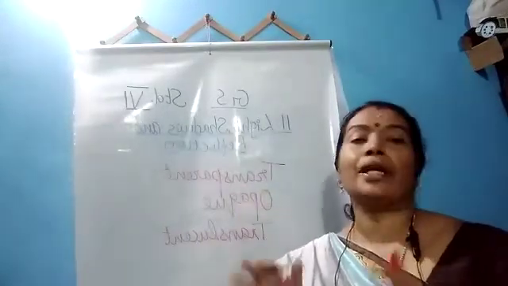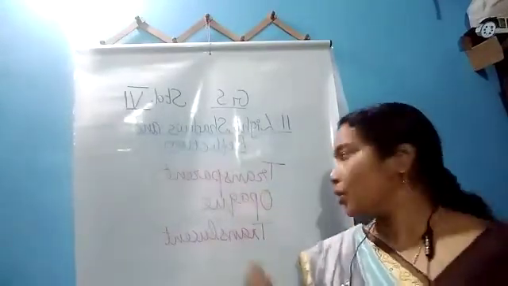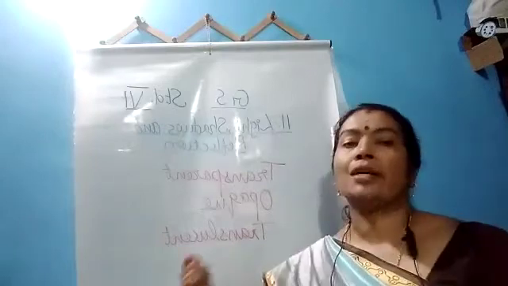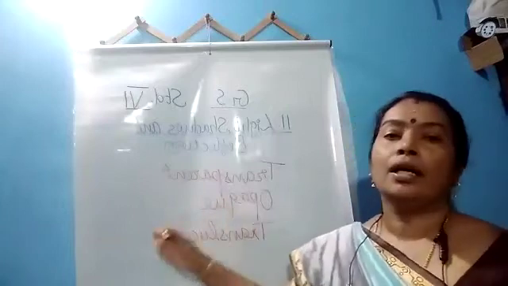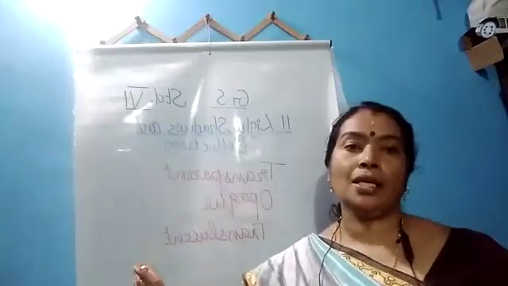So we can't see the things clearly. The translucent allows the light partially and we can't see the things clearly.